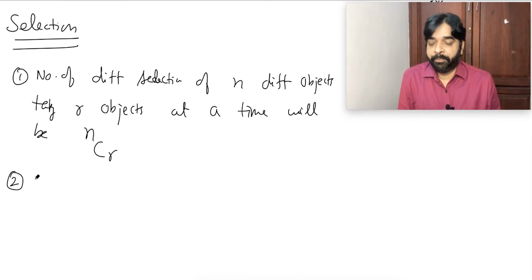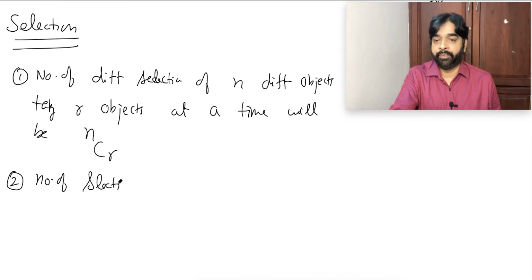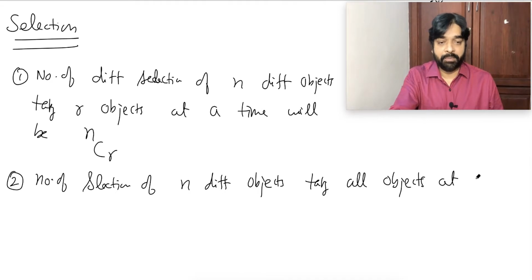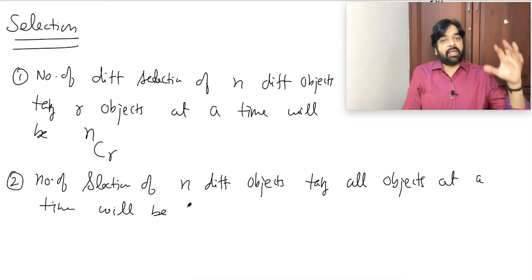In the same way, the number of selections of n different objects taking all objects at a time, don't use the formula, will be: in the container there are n objects, I am saying select all n objects.